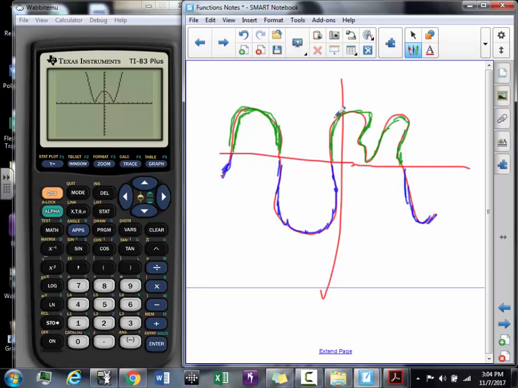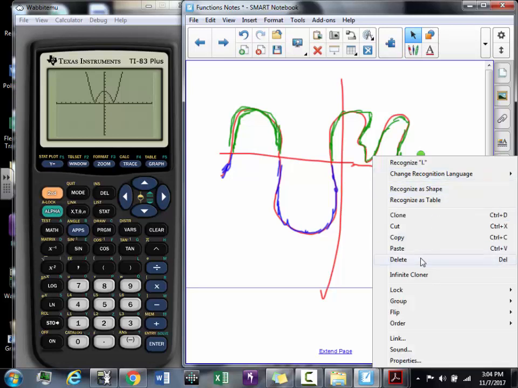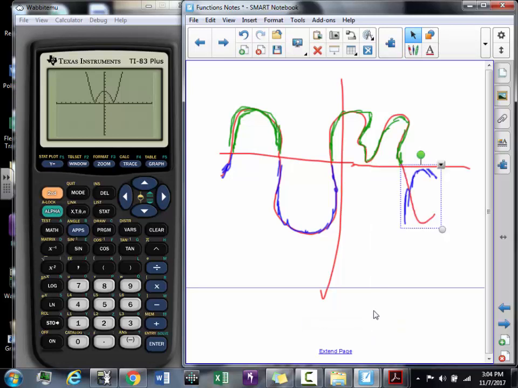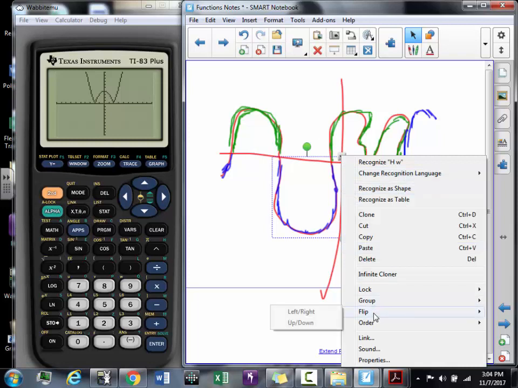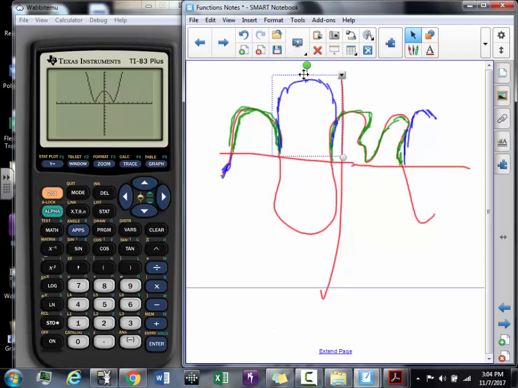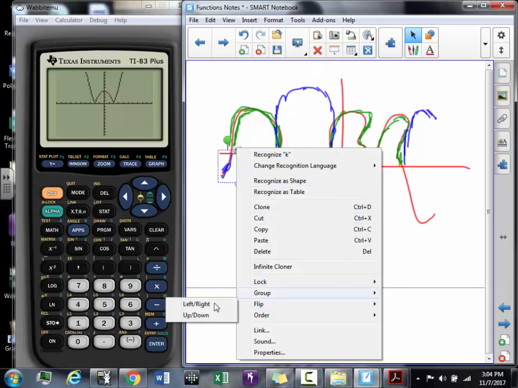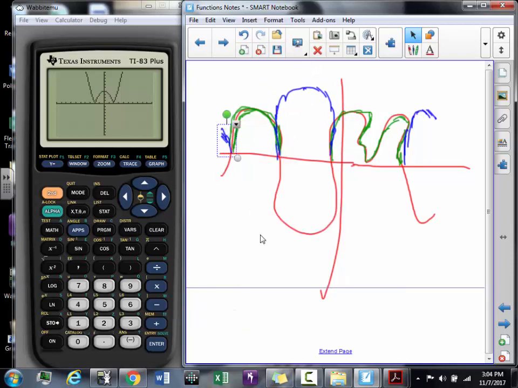This section here was negative. Take this and put it like that, and reflect it. Take this and put it like that. And take this, put it like that. Does that make sense?